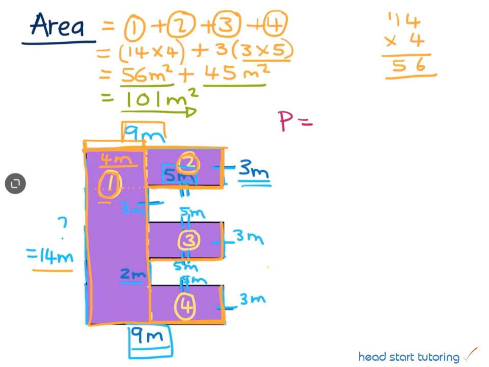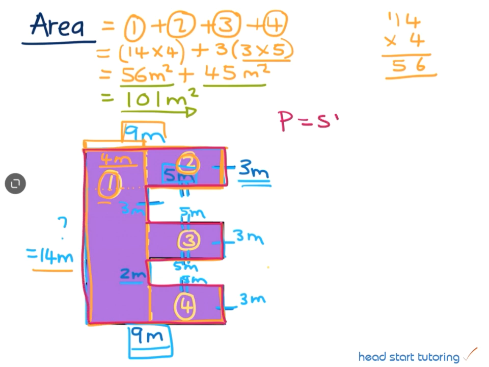Now if we have a look at the perimeter of this irregular shape, again we just need to add all the outside sides together. So let's count how many sides we have. We've got 1, 2, 3, 4, 5, 6, 7, 8, 9, 10, 11, and 12 sides all together.